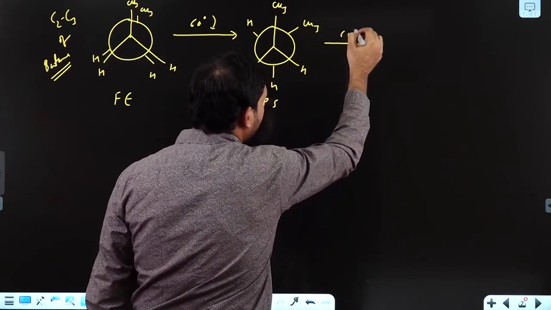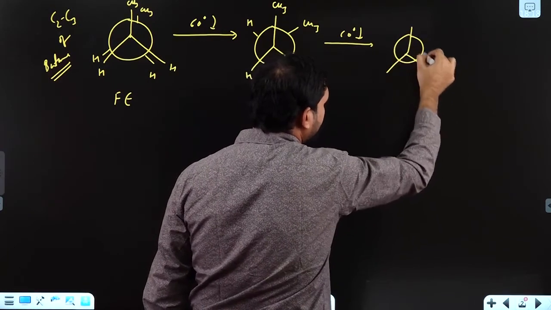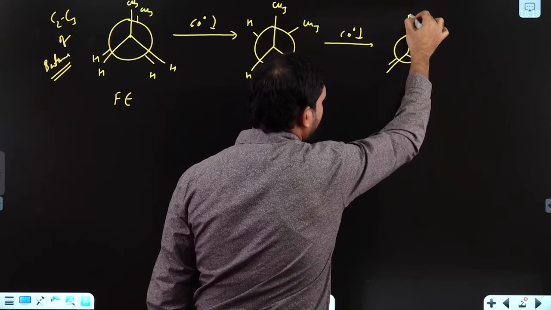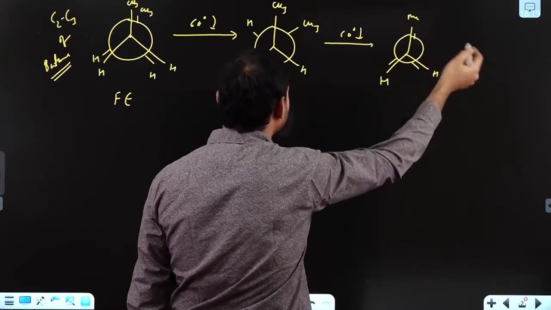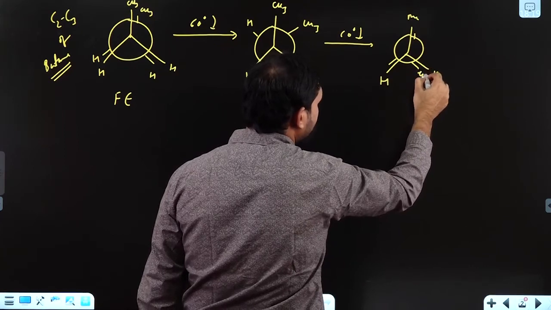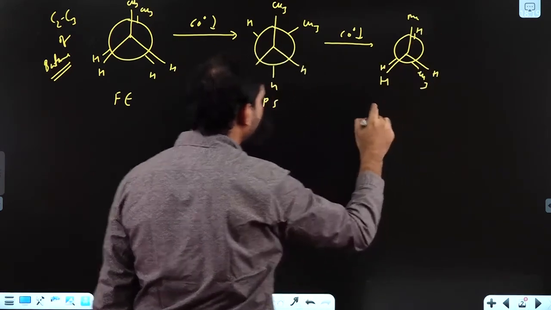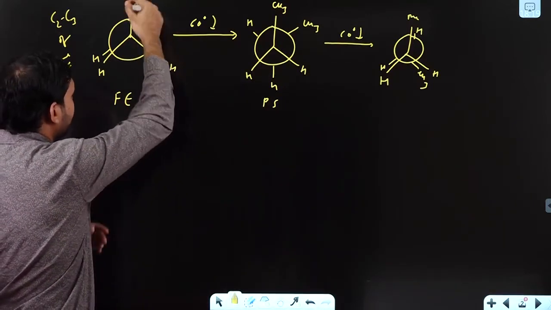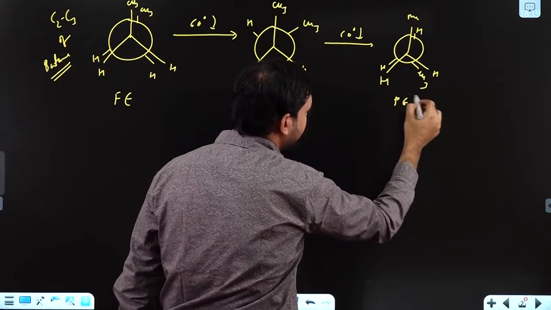Again rotating it 60 degrees, keeping the front part as it is, now this CH3 or Me, that is the same thing, right? Here your CH3, H. Now this is eclipsed, but here both CH3 are not in front of each other. So this was fully eclipsed. Here it is partially eclipsed.